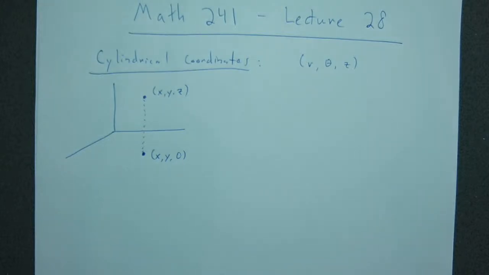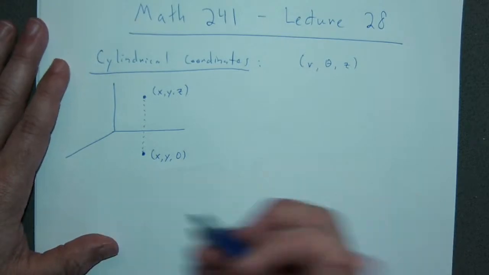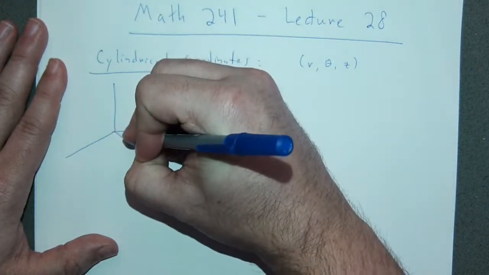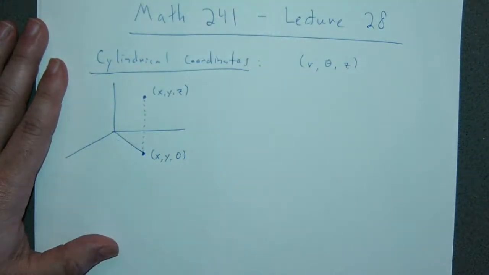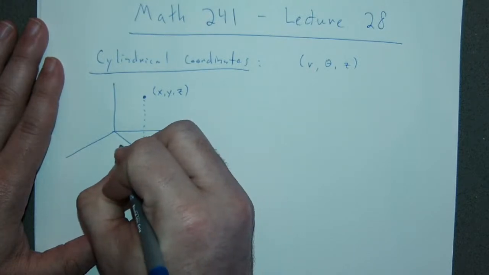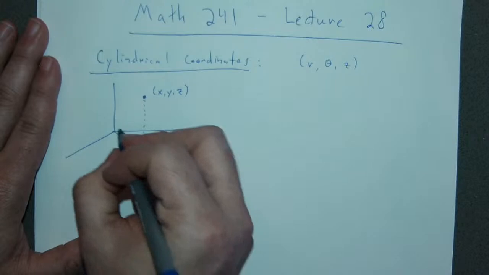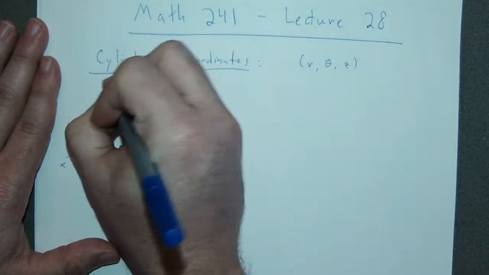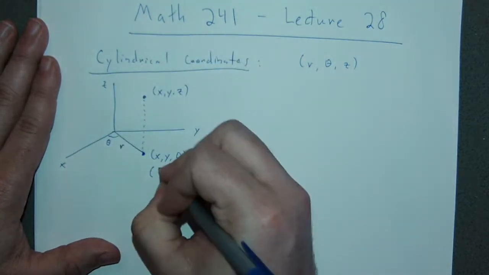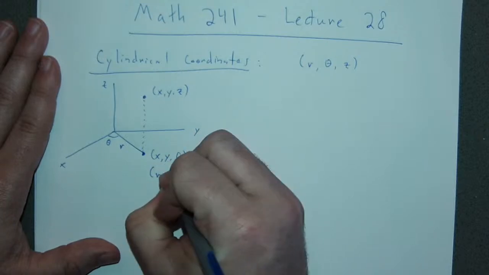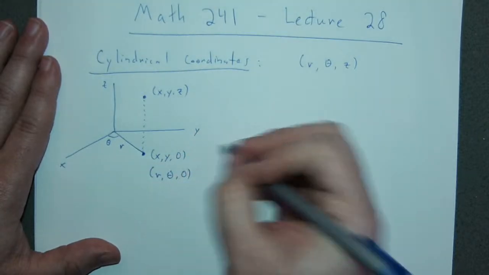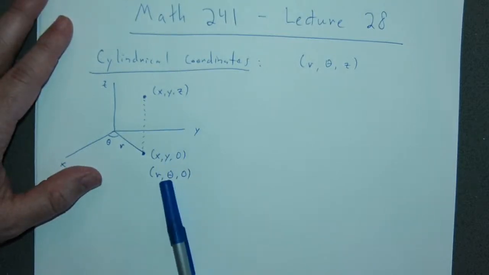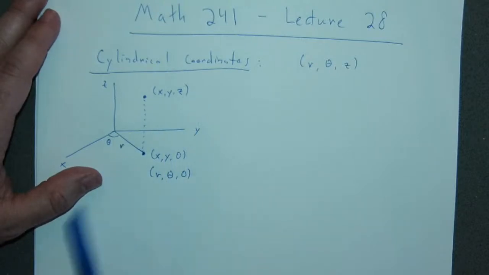Then in the xy plane we can apply what we know about polar coordinates: this xy point can be described as having some distance from the origin in the xy plane that we called r in polar coordinates, and this angular amount measured from the positive x-axis we're calling theta. So this point in polar coordinates is r theta, and there was no z coordinate, so we just call this 0 here.